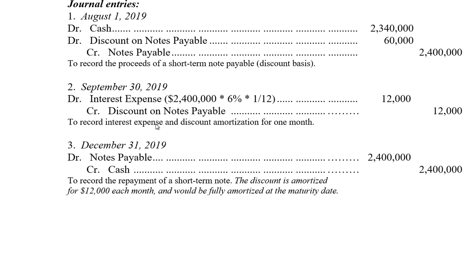And then, of course, October and November and December, we're going to record this same entry. And as we begin to do that, then this $12,000 over 5 months makes this discount on notes payable zero. So it disappears, right? Goes to zero. And then, of course, we can just pay the note off. And then we have to debit notes payable here at the end.